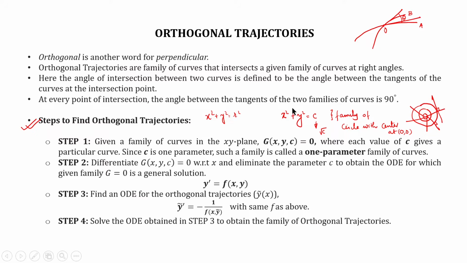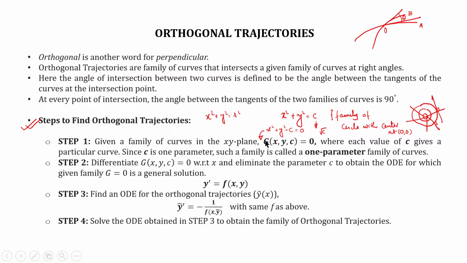This equation we can write in implicit form as x squared plus y squared minus c equal to 0, which is in the same form as g(x, y, c) equal to 0. So a given family of curves in the xy plane can be represented in this form g(x, y, c) equal to 0, where c is a parameter, and these families of curves are called one-parameter families of curves.